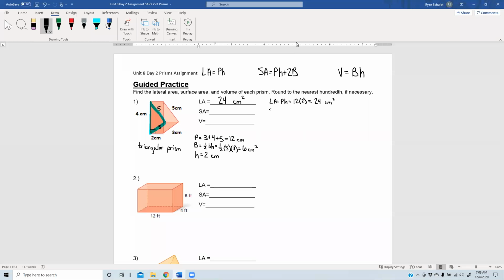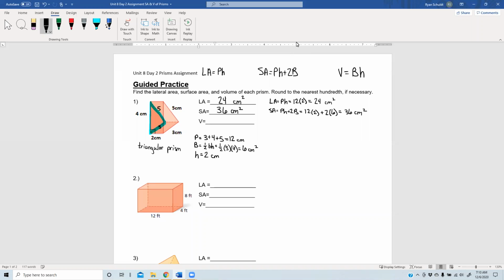Okay, now we need total surface area. PH plus 2B. So 12 times 2 plus 2 times 6. 12 times 2 is 24 plus 2 times 6. That's going to be 36 centimeters squared.